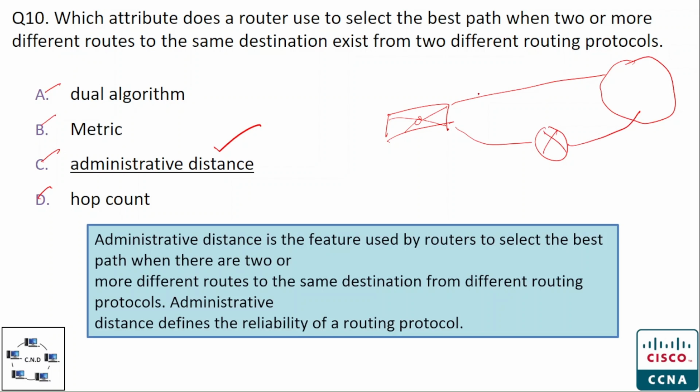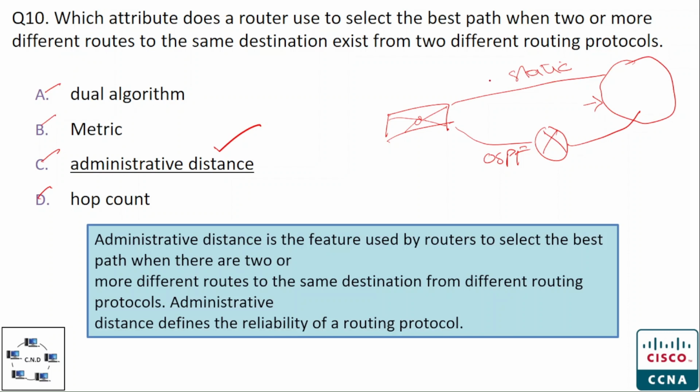So this router learns two paths. One is, let's suppose, static, and this one is learned through OSPF, and they both lead to the same destination. So which one would be preferred? The one with less administrative distance.